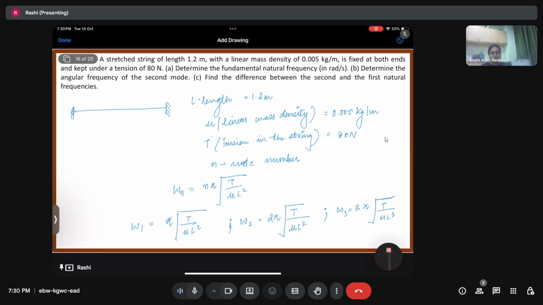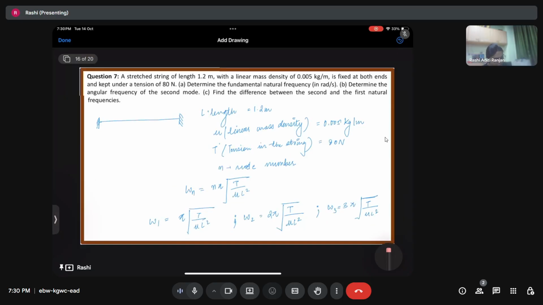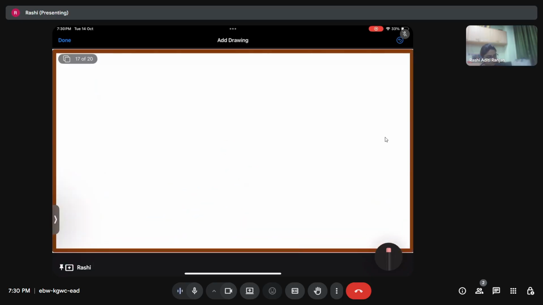We need to put in the values. So if we just evaluate the under root of whatever the terms are, we are going to get the value by simply multiplying with pi and so on, right? So we'll first evaluate under root of T by mu L square.